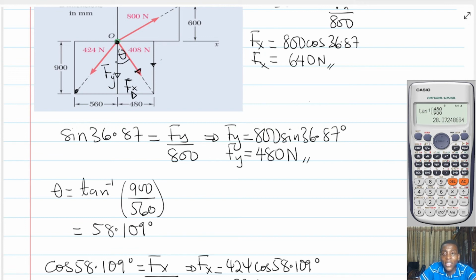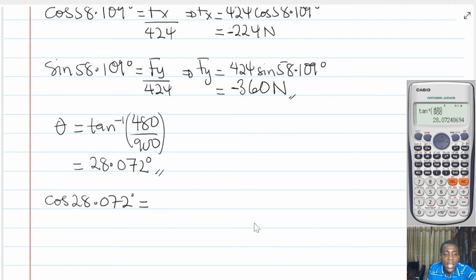Looking at where the angle is, the adjacent is going to be fy, and the opposite to this angle is going to be fx. And so always you have to be very careful. Don't necessarily memorize that fx is f cos theta, fy is f sin theta. No, don't always memorize that. Look at the geometry and then look at the trigonometric ratio to use. So this time around, cos theta is going to be fy on f.